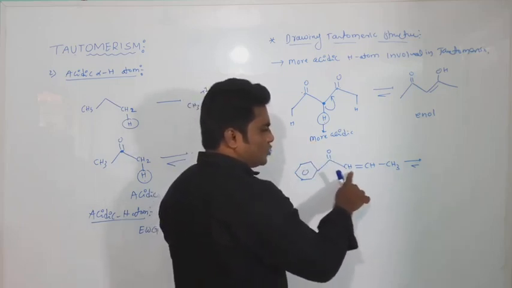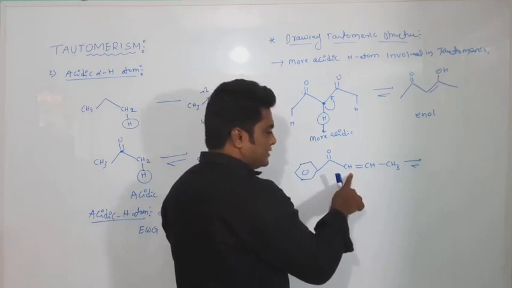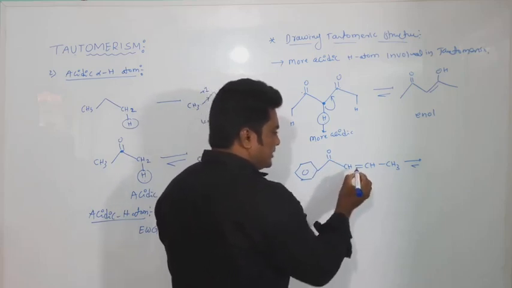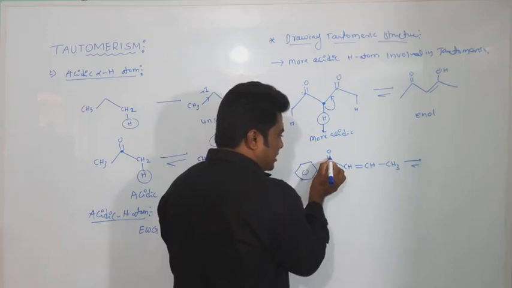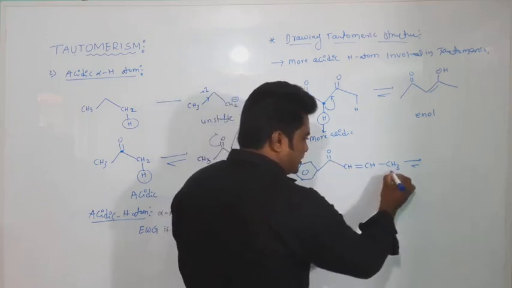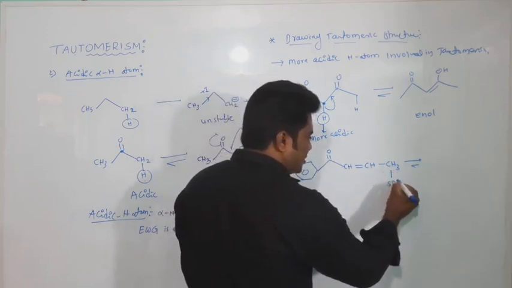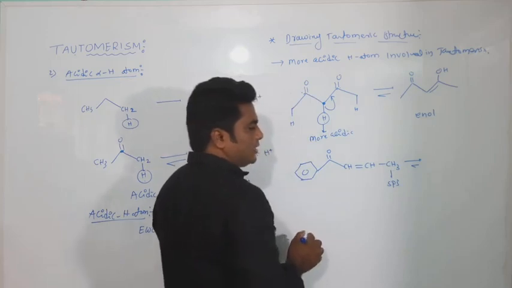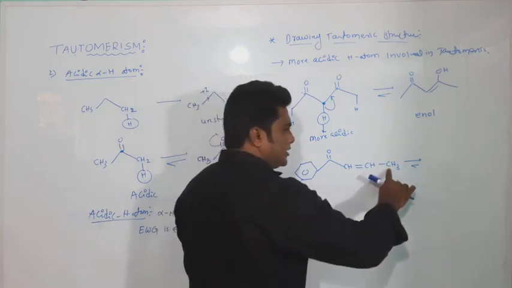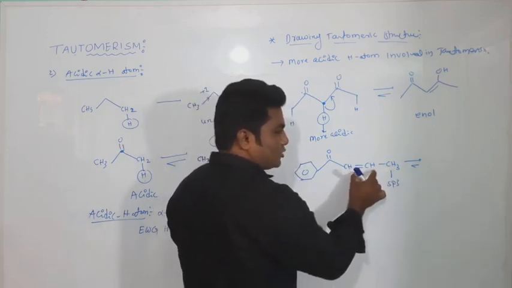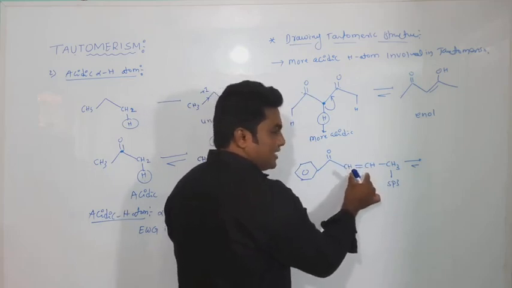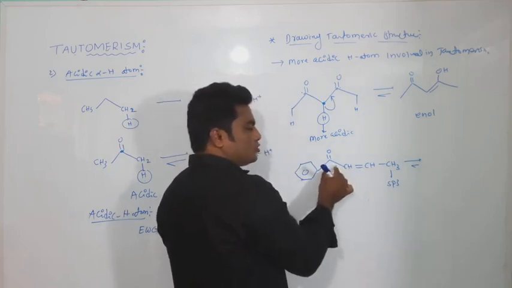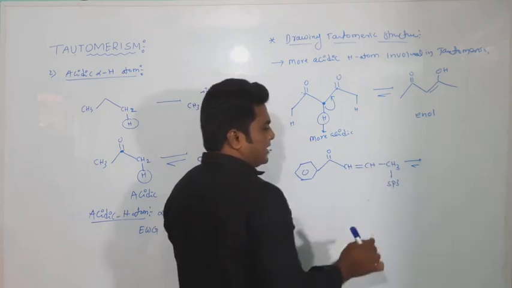This is a CH bond. It is not sp3, this is actually sp2. But see, this pi bond is in resonance with this carbonyl group. Now here we have the sp3. This is considered the alpha carbon atom. Why? Because it is sp3 hybridized and adjacent to a pi bond. A pi bond is also a functional group, and this pi bond is in resonance with this carbonyl group. So that's why these are considered alpha hydrogen atoms.